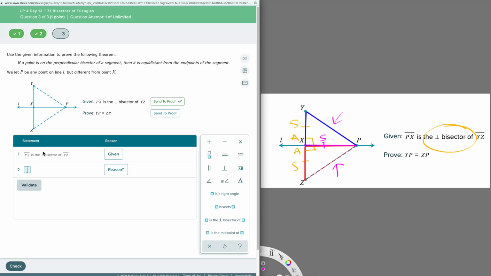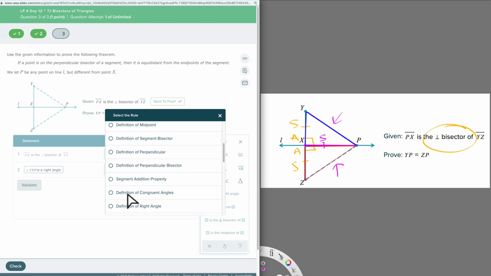So I know that angle YXP is a right angle, and the reason for that is the definition of perpendicular.